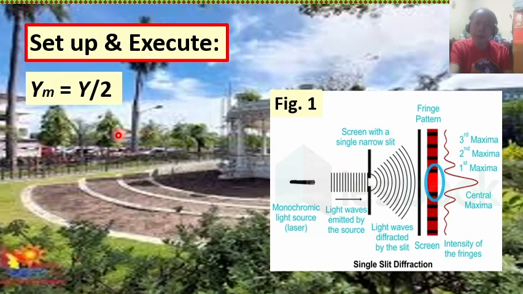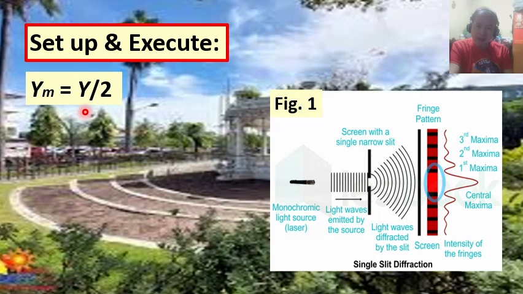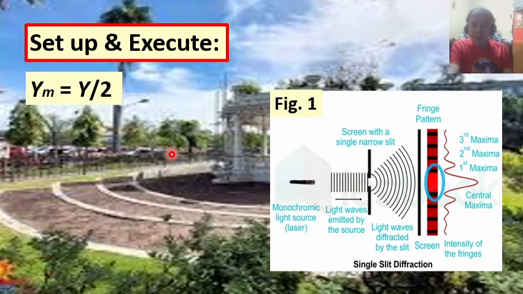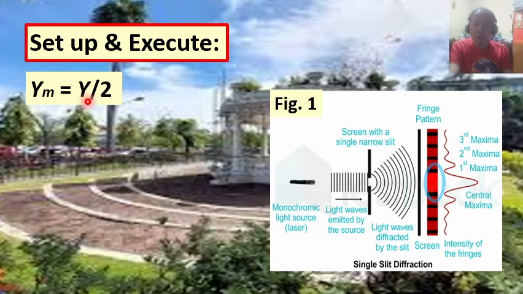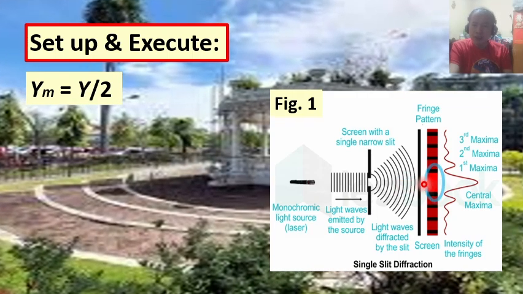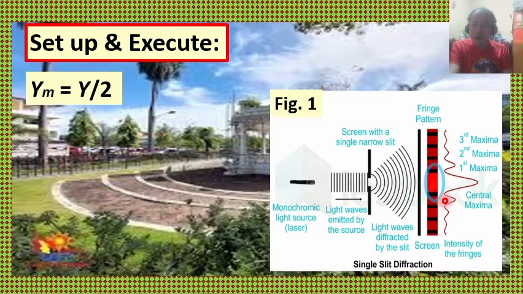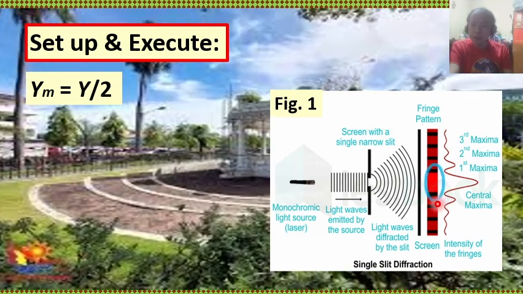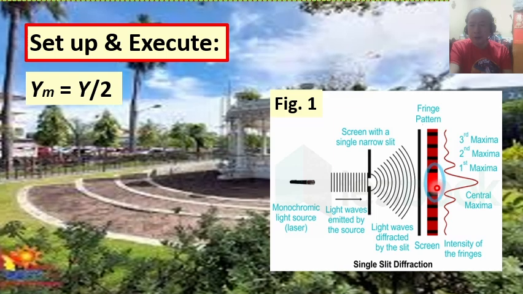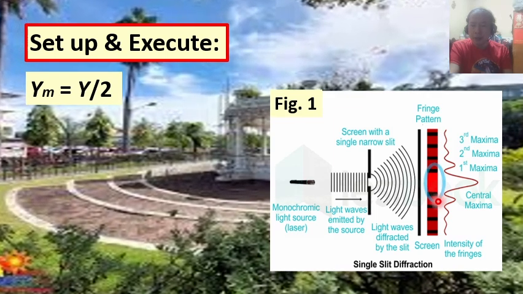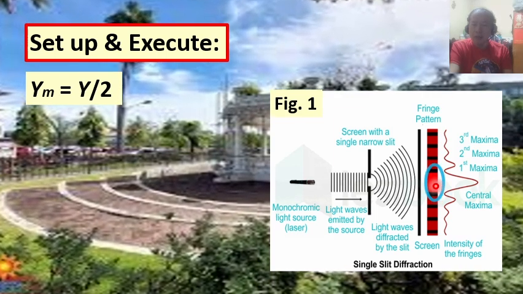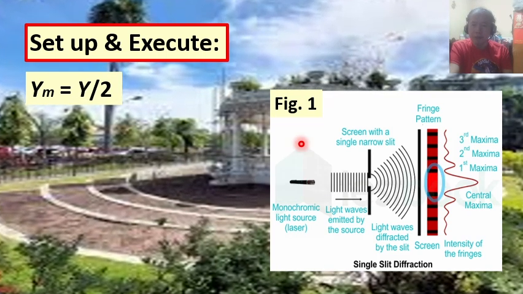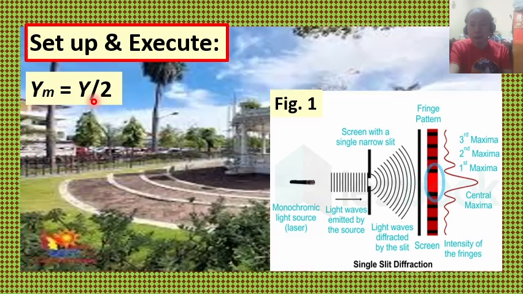So, may I emphasize that once more. What is given in the problem is capital Y, which is the separation between the two first order dark fringes, the one on the left and the one on the right side of the central bright fringe. Okay, that is what is meant by capital Y.